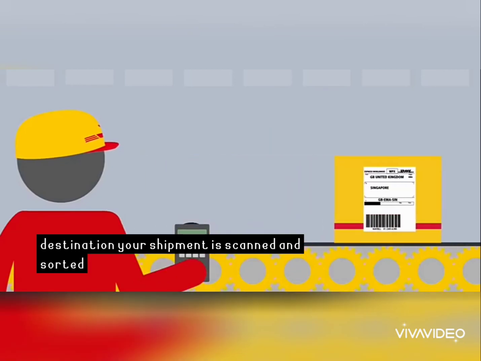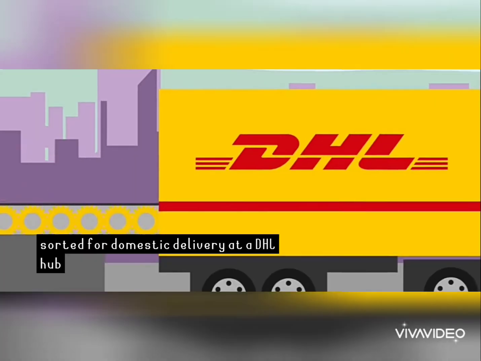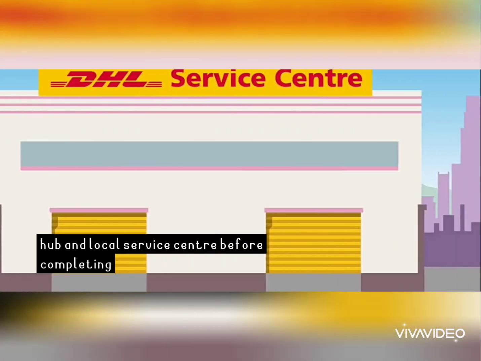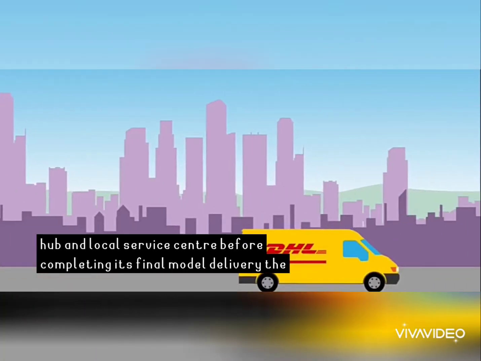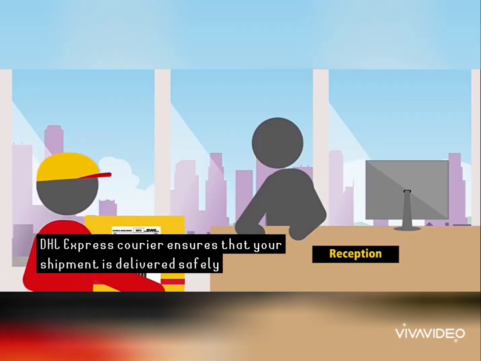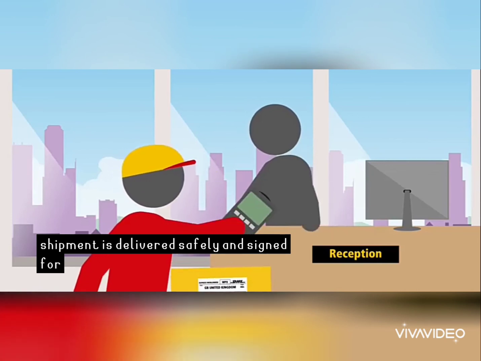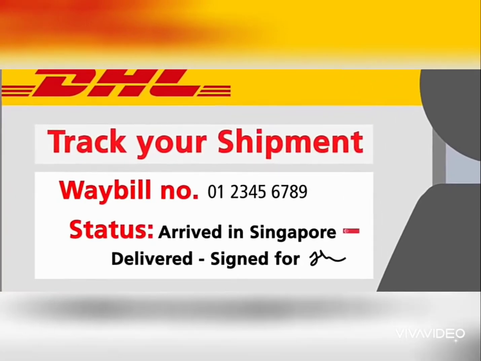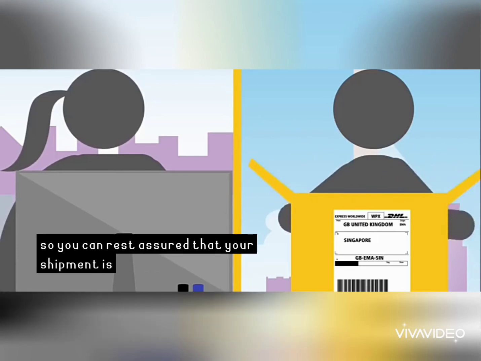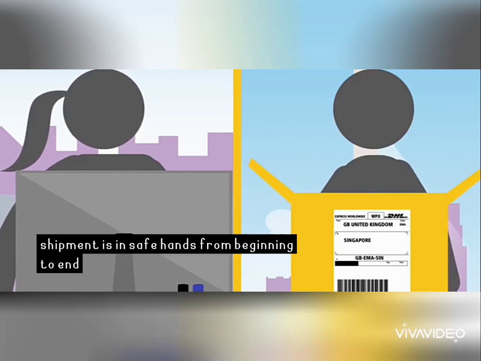On arrival at destination, your shipment is scanned and sorted for domestic delivery at a DHL hub and local service center before completing its final mile delivery. The DHL Express courier ensures that your shipment is delivered safely and signed for. So, you can rest assured that your shipment is in safe hands from beginning to end.